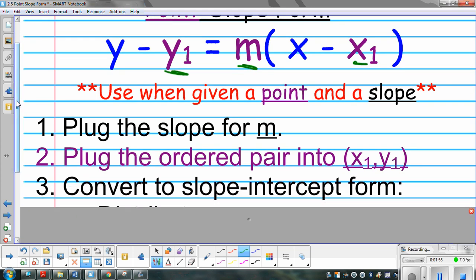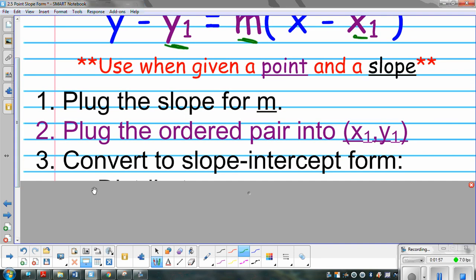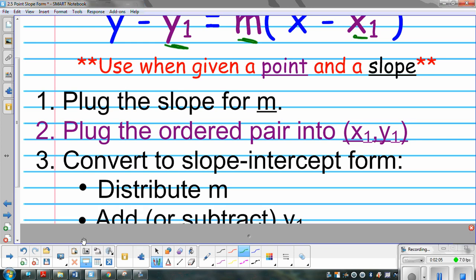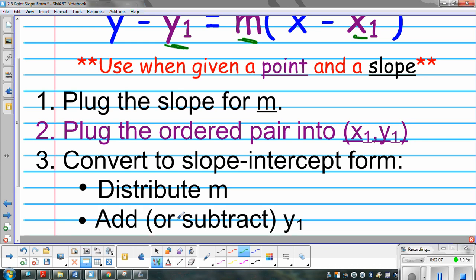The way we will convert is we will distribute the m, because anytime we see something next to parentheses, we want to distribute. Once we have done that, we will either add or subtract whatever this y sub 1 value was, and that would leave the y by itself, and we would get y equals form. All of these steps will make sense once we put it into action. So take a moment, get all these steps written down, and then when you're ready, move on to the next slide.